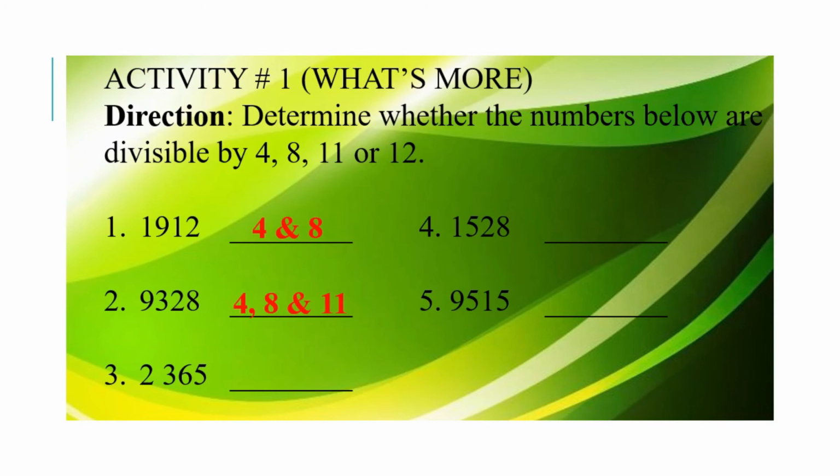Number 3, 2,365. Very good. It is divisible by 11. Number 4, 1,528. Very good. It is divisible by 4 and 8. The last number, 9,515. Very good. It is divisible by 11. Okay, clap your hands.